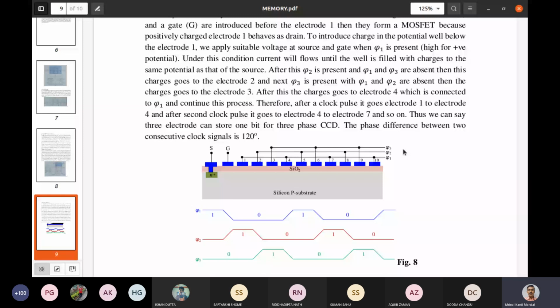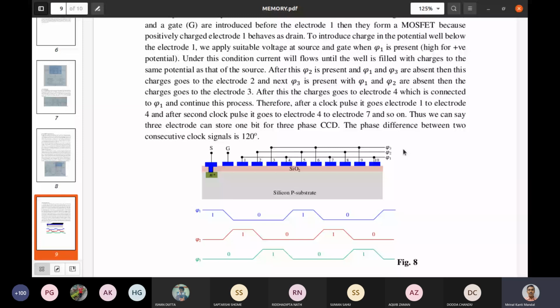Now below you see in first, that is a source and gate. Source, gate and electrode 1 can be considered as a transistor.